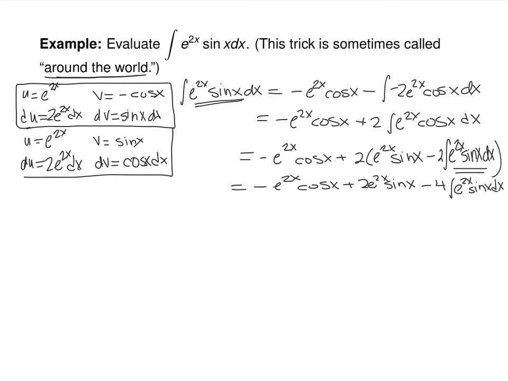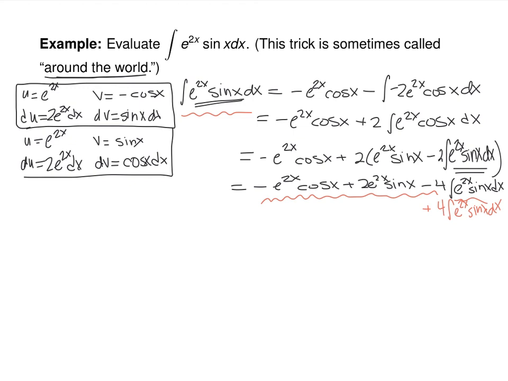This whole thing over here is equal to this, as in specifically one of those integrals. We are going to add 4 integrals of e to the 2x sine x dx to both sides.